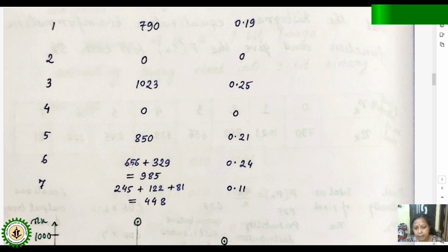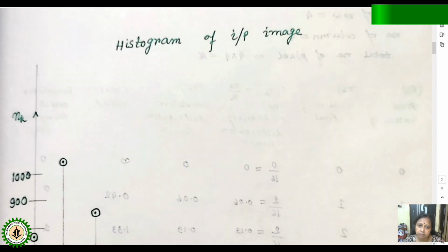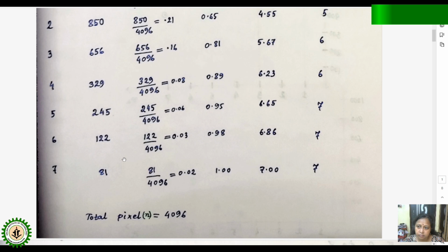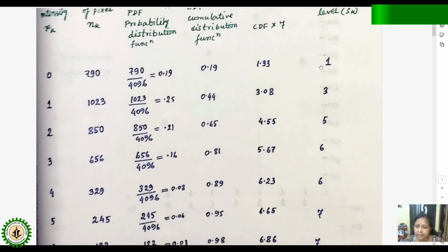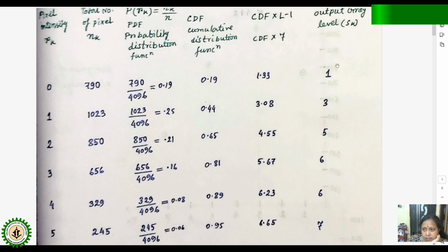Now how do we get this value? Let me explain. Just look here. In the output image, pixel intensity 0 does not exist. For output gray level 1, there are a total of 790 pixels. For output gray level 3, how many pixels? 1023 pixels.